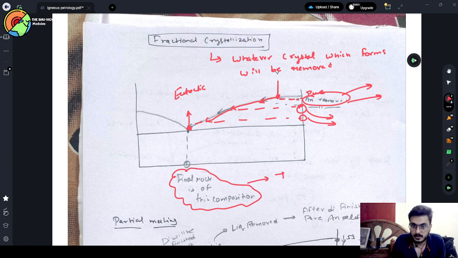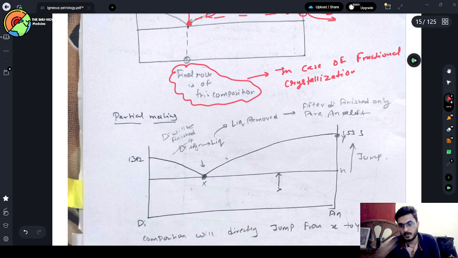So the final rock which we get is of eutectic composition in case of fractional crystallization. Now in case of partial melting, whatever melt is formed, that melt is getting removed.